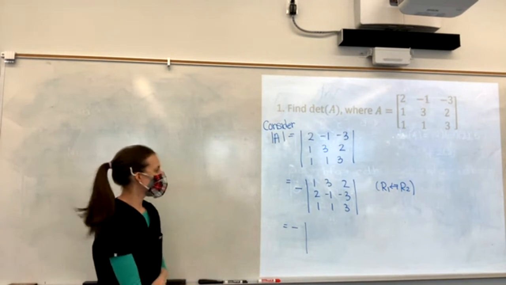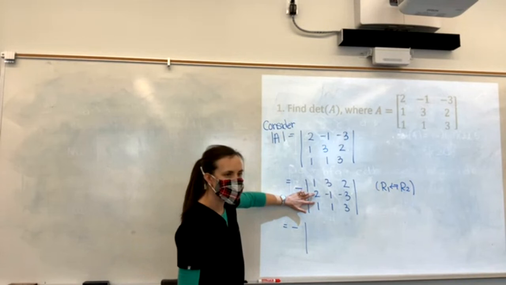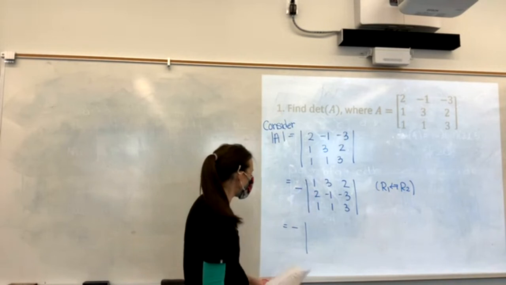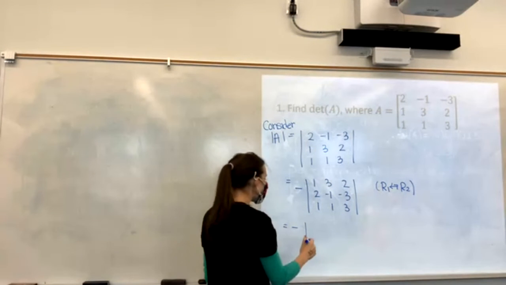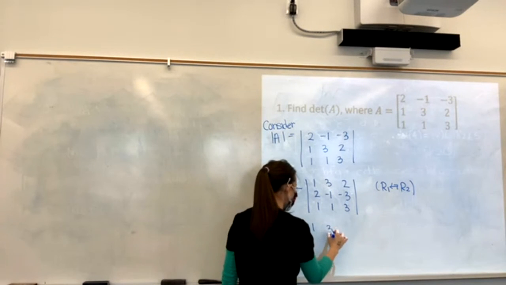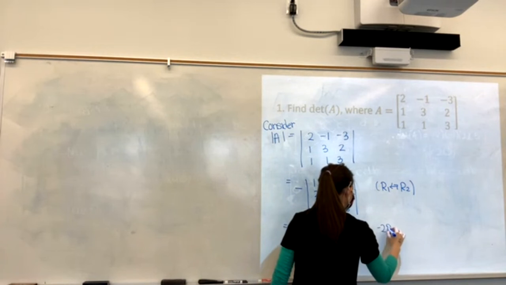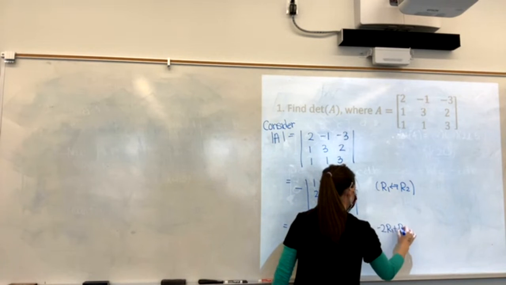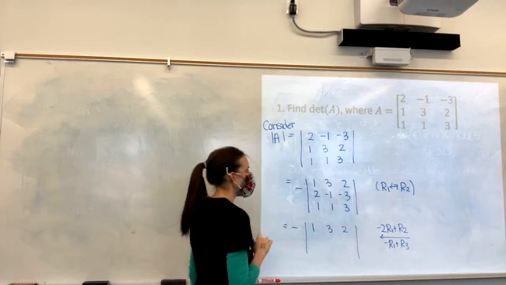Okay, so now that I've done that, I'm going to clear out the 2 and the 1 down here like I normally do. Notice this negative is just tagging along now, right? It's going to tag along for a while. So that'll be -2 row 1 plus row 2 and minus row 1 plus row 3.